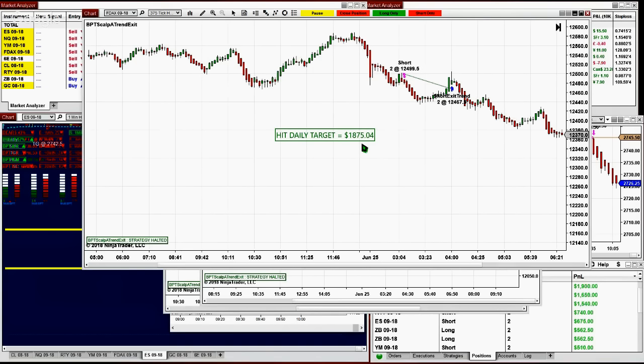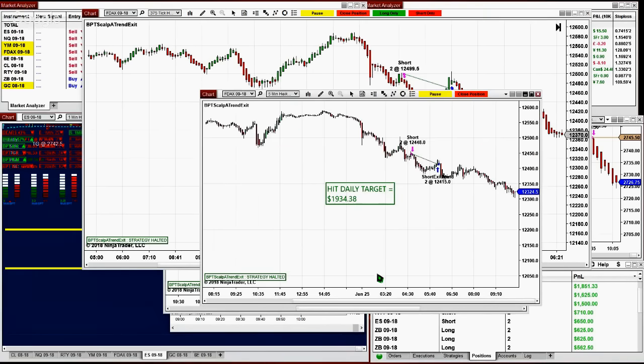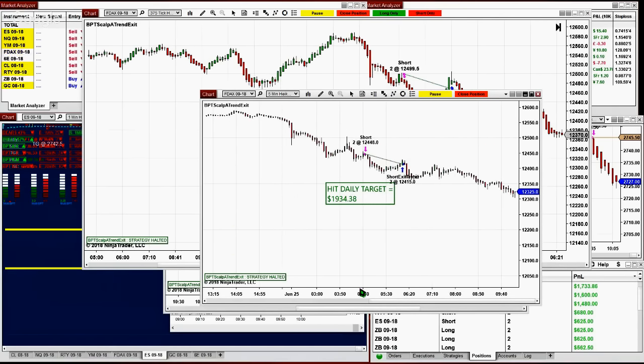The exit is based on the trend. Once this trend is over, the auto trade is gonna close the position. So you will see sometimes you have some nasty pullback and the auto trade did not close, and the reason it did not close is because the trend is not over.